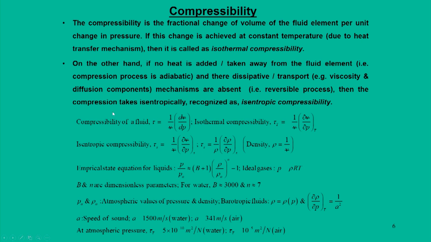That is the way we define the isentropic compressibility tau s, which is 1 by rho dou rho by dou p at constant s. If you recall our previous lecture, this tau s is related to the speed of sound, but that number basically comes from the basic definition of compressibility.